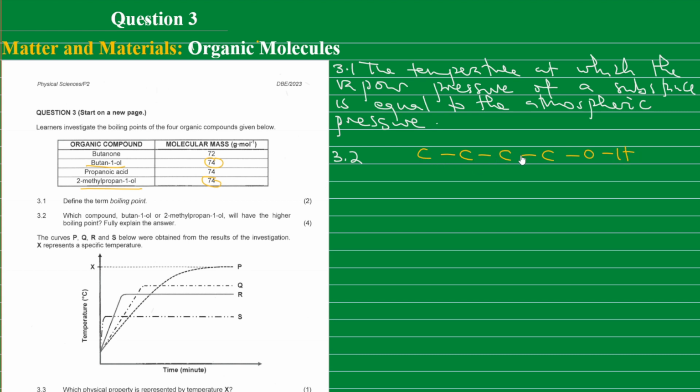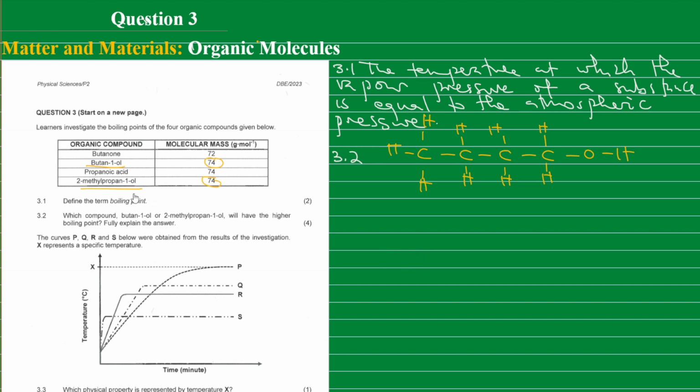It's a butane, that is 4 C's, and we have hydrogen all over there. So this is a straight chain. That's butan-1-ol because the hydroxyl group is bonded to one carbon atom.